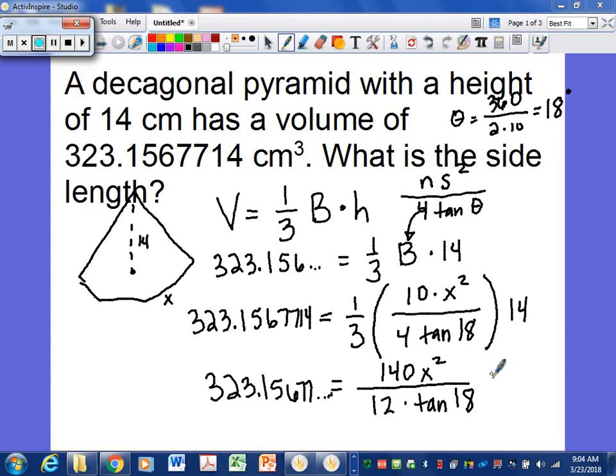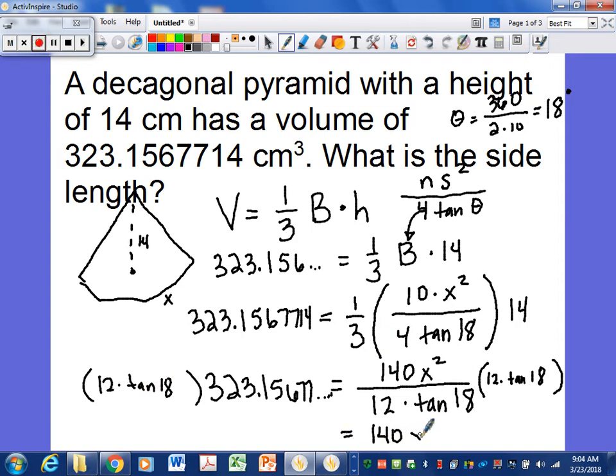So we're going to multiply everything by this entire denominator, 12 tangents of 18, on both sides. Okay, that gives me 140x squared. All this is 1260.